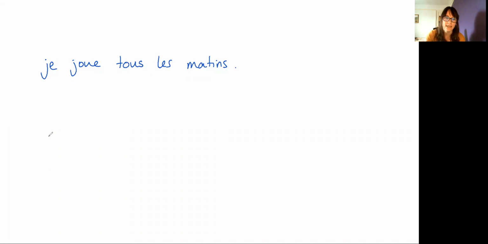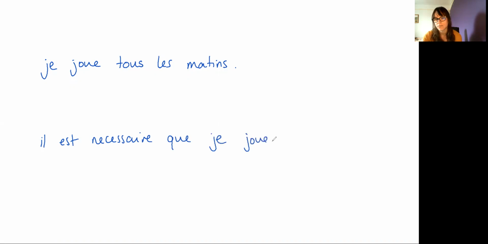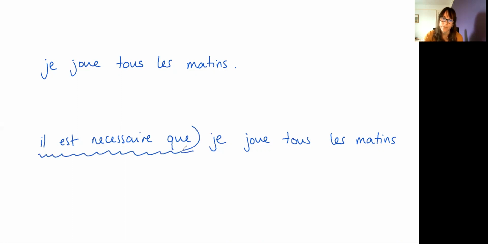And then if you have a sentence that says il est nécessaire que je joue tous les matins, you know that the subjunctive only comes after a structure like this with a que. If there is no que, there are probably some exceptions, but 90% of the time, you wouldn't have the subjunctive.